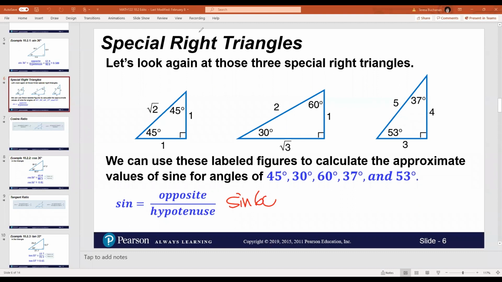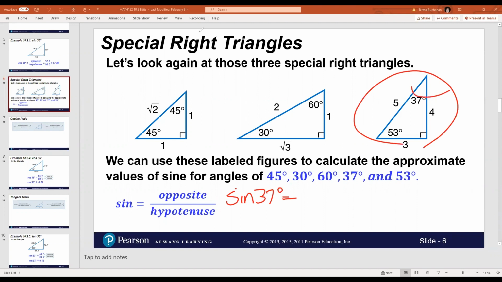Sine of 60 is opposite over hypotenuse. Sine of 60 is square root of 3 over 2. Regardless of the triangle, if you have a 60-degree angle, that sine is square root of 3 over 2. Sine of 37 degrees, we could pull that out of this one.